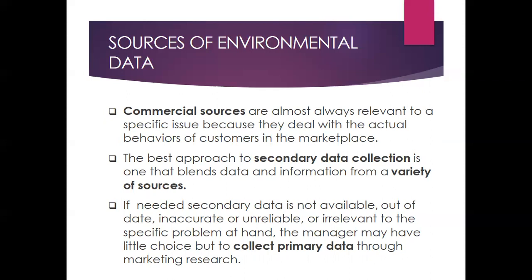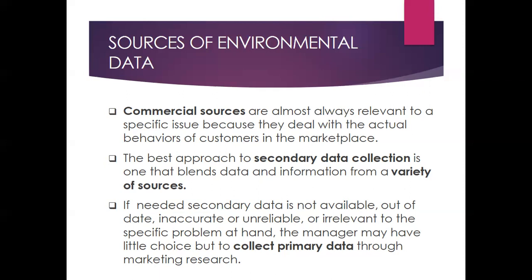The best approach to secondary data collection is one that blends data and information from a variety of sources. Remember, in a previous lesson, we talked about triangulation of information, where you would use different types of information about the same issue, and you can compare that information in order to not only gain further accuracy, but gain a better, deeper understanding of the issue.